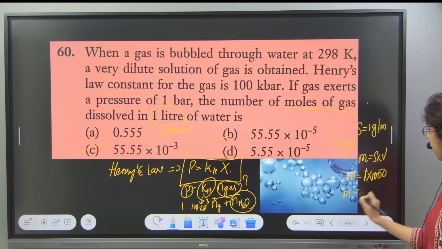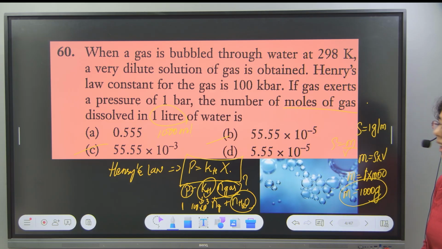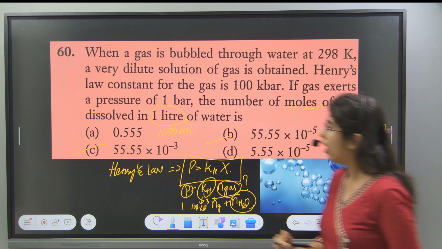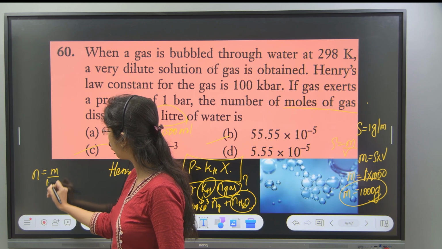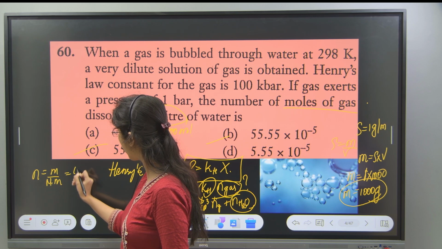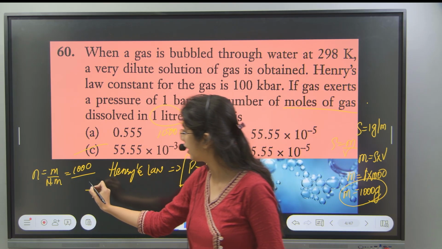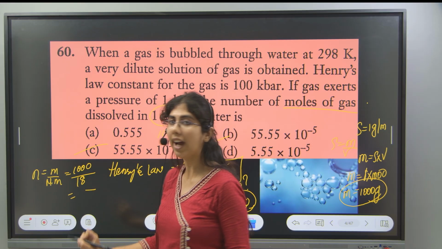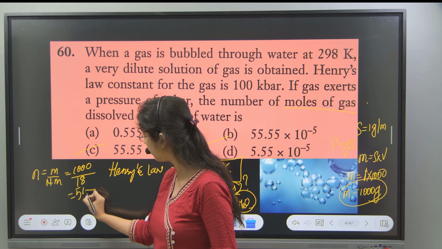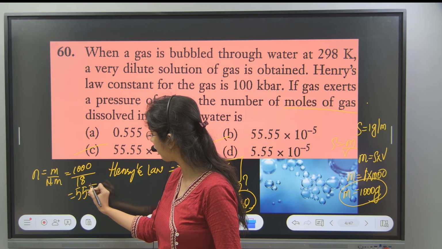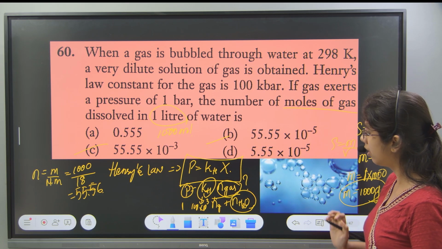So mass will be 1000 gram. Now how do we find out moles? Mass by molar mass. Mass is 1000 divided by the molar mass of water, which is 18. Yes, very good. This value I had told you to remember because we'll be using it many times. 1000 by 18, that is 55.56.